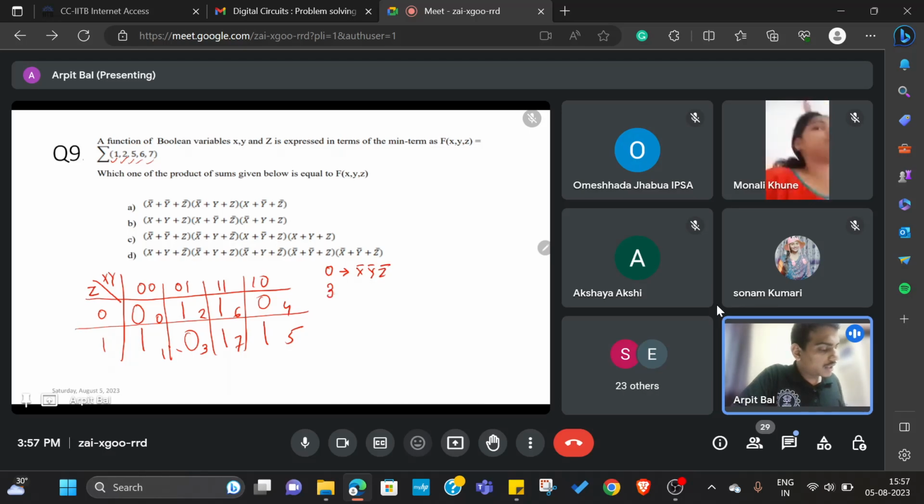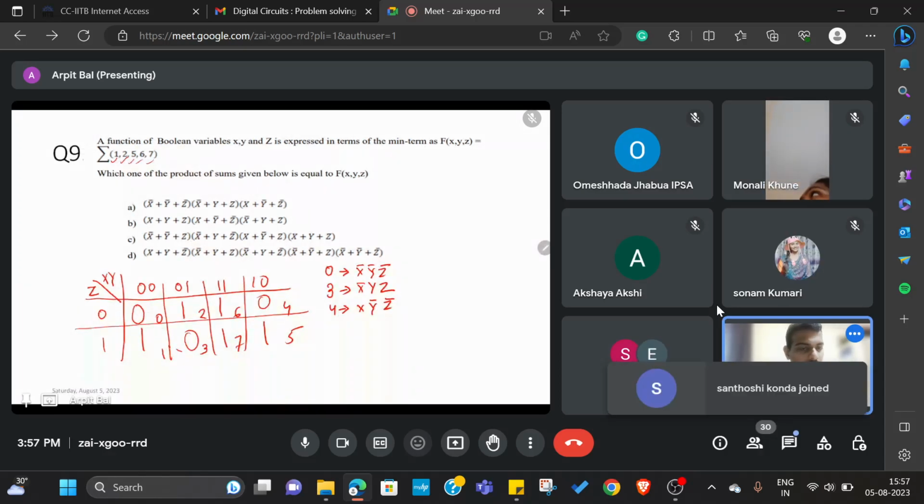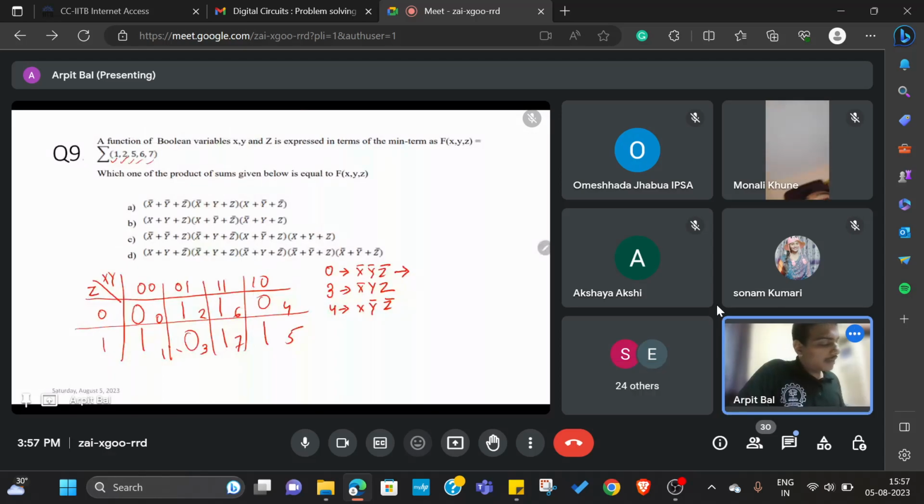For the 3rd location, it would have been x bar, y, z. For the 4th location, it would have been x, y bar, z bar. So for representing in product of sums, you write x bar, y bar, z bar as x plus y plus z.